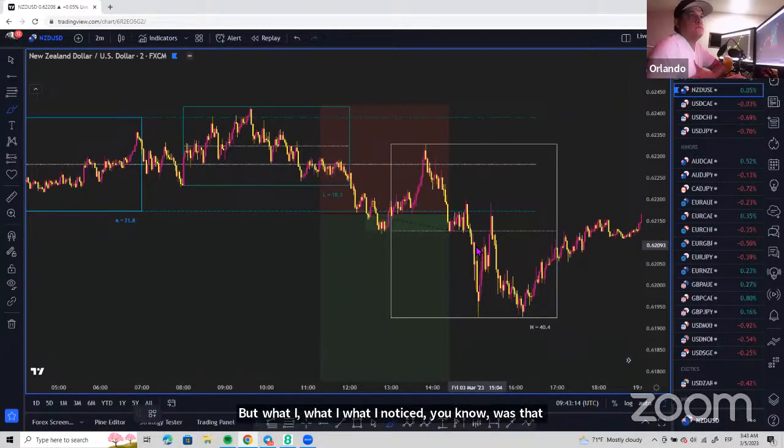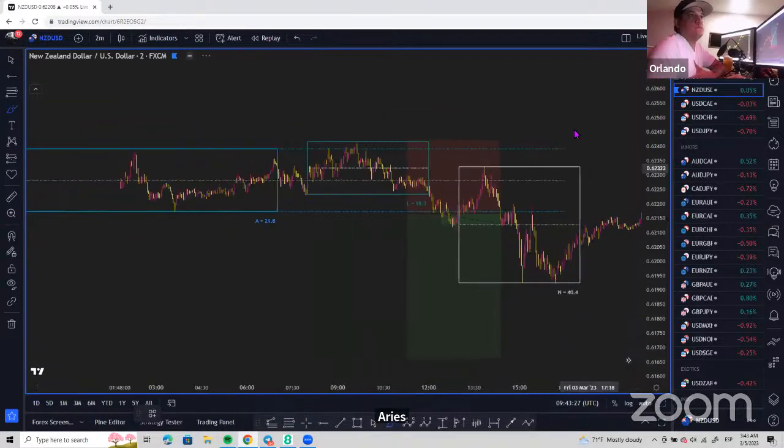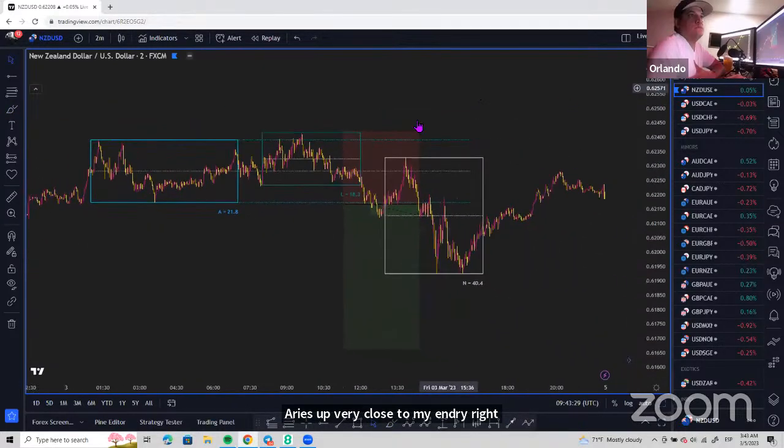But what I noticed was that most of the time, above 80% of the time, momentum dries up very close to my entry, never hitting my targets.